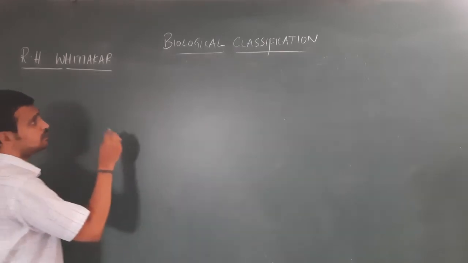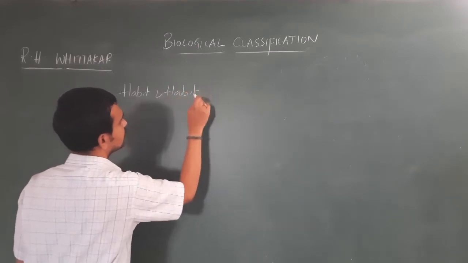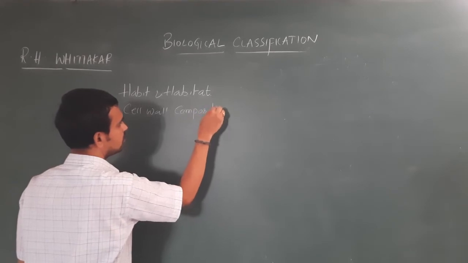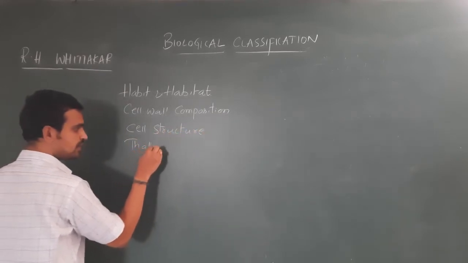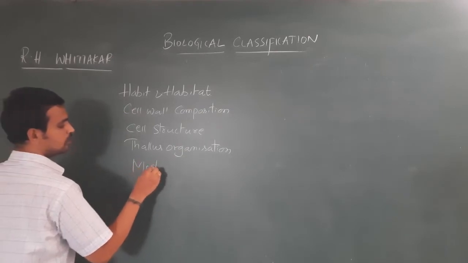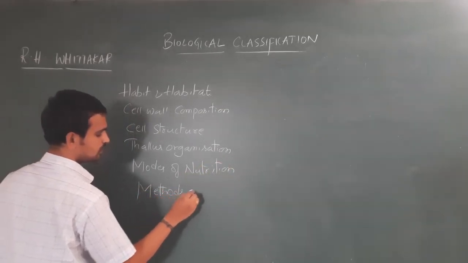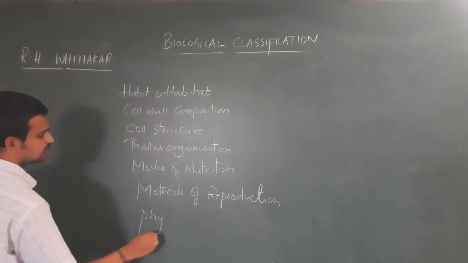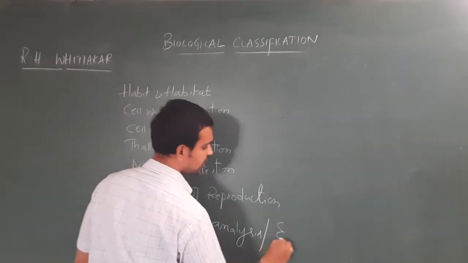When one has to classify the organisms, you have to take many characters like habit and habitat, cell wall composition, cell structure, thallus organization, modes of nutrition, methods of reproduction, and phylogenetic analysis or evolutionary relationships.